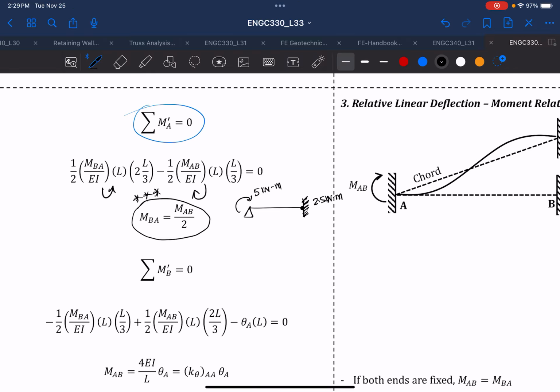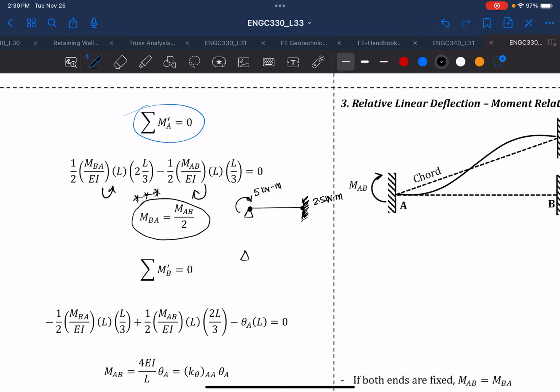If one end is pin and one end is fixed, and you're applying a moment of 5 kilonewton meter at the pin-connected joint, it will carry over 2.5, which means half of the moment will be carried forward to the fixed end.